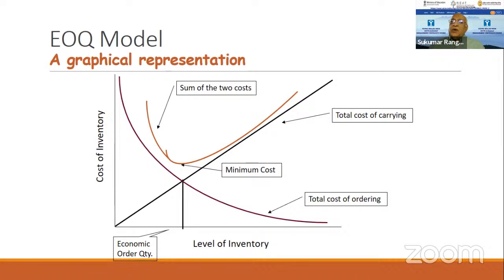So your EOQ may be 89, but because of the condition you have to order 100. Now another condition I may put is that if you order 200, the price is this. If you order 500, this is the price. Now, what would you do as a purchase person? One is you have calculated the economic order quantity.